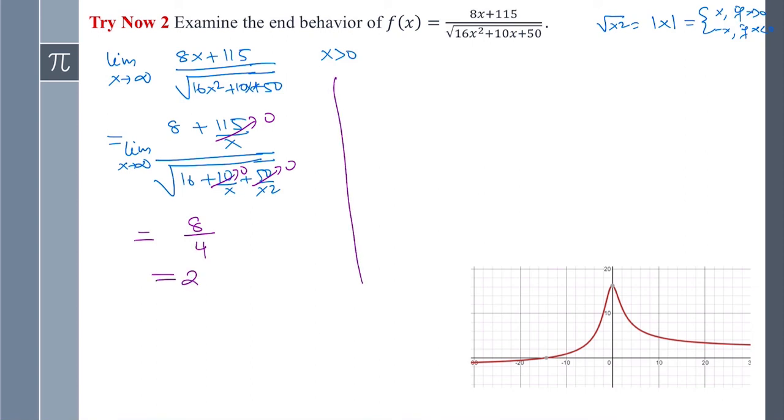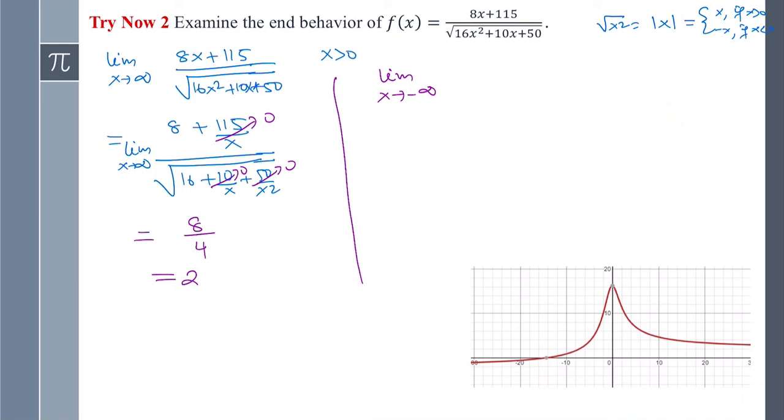Now, similarly, as x approaches negative infinity, that means x is a negative number. If x is a negative number, the square root of x squared is negative x, because in order to get positive, we have to multiply by negative. So that means we are going to divide the numerator by negative x.